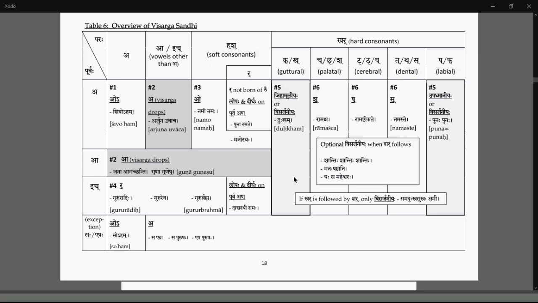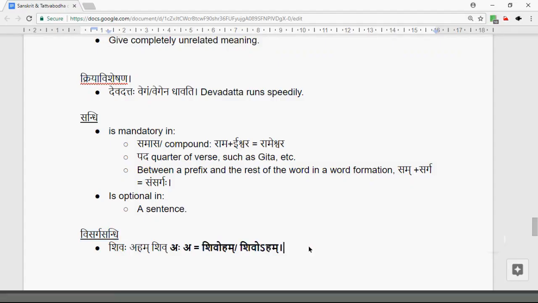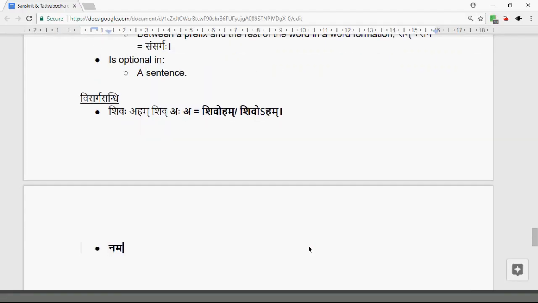Nama plus Visarga. There is a Namaha Visarga and Namo Namaha. So Namaha, this Akara. What is this equal to?